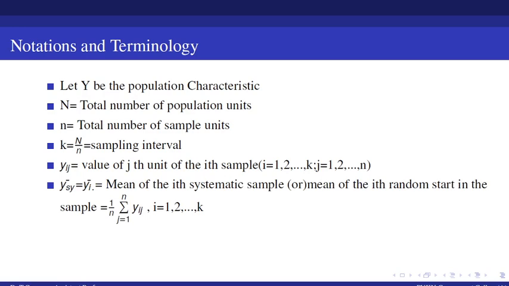Here we can denote the sample mean of the ith systematic sample as y bar sy or y bar i dot. Y bar i dot, the mean of the ith systematic sample or the ith random start, is, as we have already seen, 1 by n into the summation j equal to 1 to n of yij.